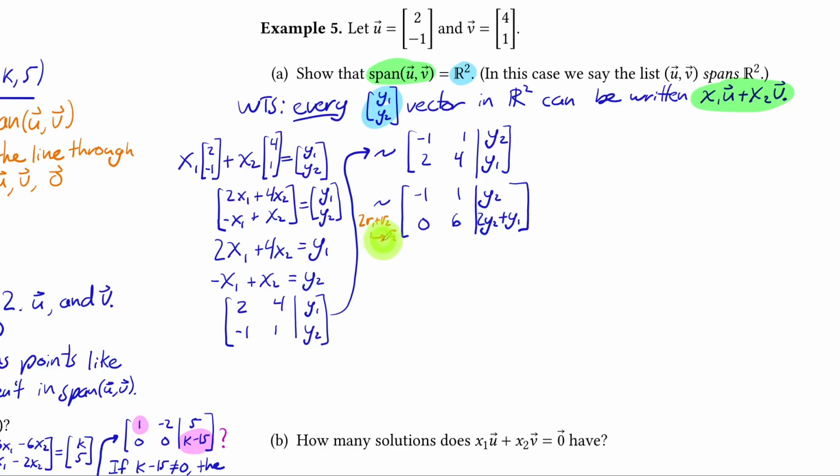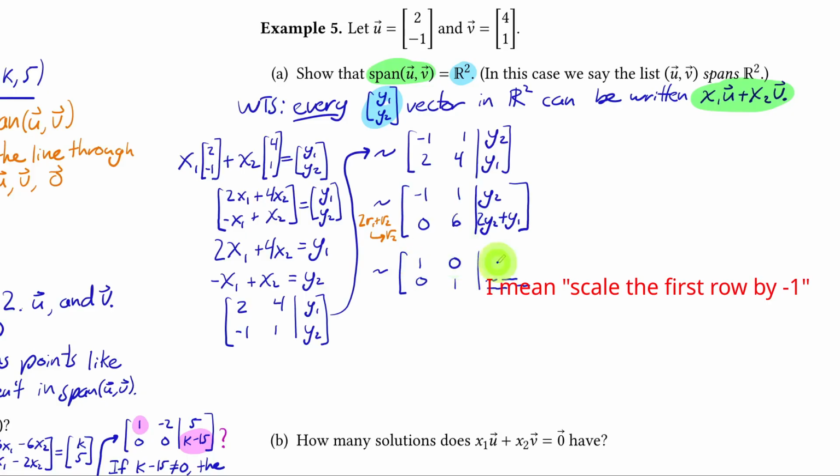At this point, we can see where the pivot positions are. It's not exactly in reduced echelon form, but we could multiply the second row by 1/6, and you're going to get some fraction here, and scale the first one by 1, and then subtract the second row from that, and you're going to have this, and then some ugly fractions over here.